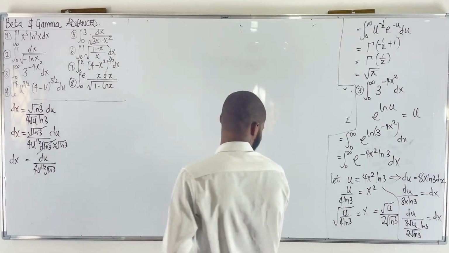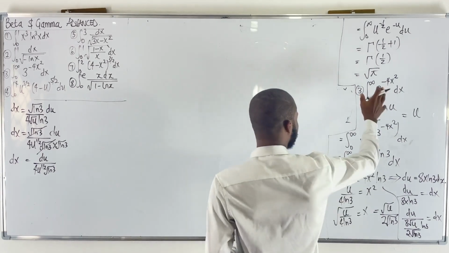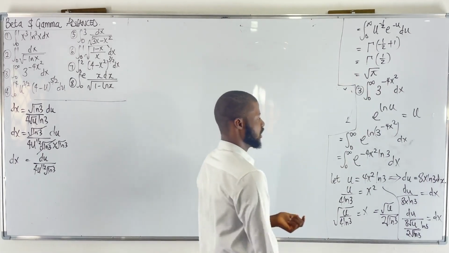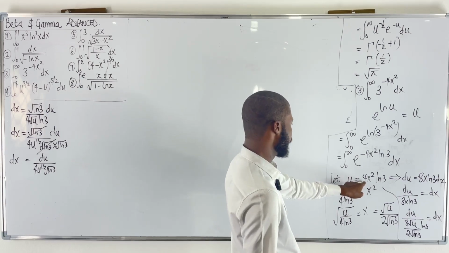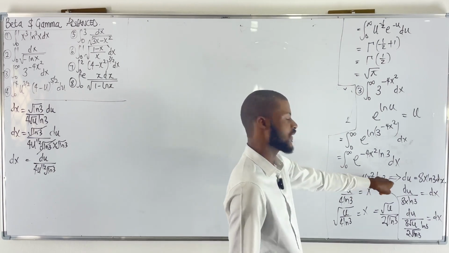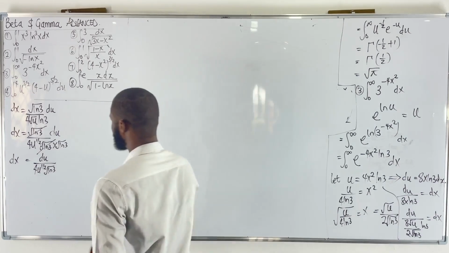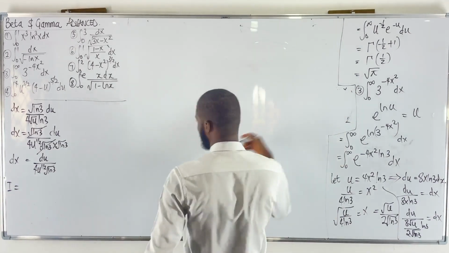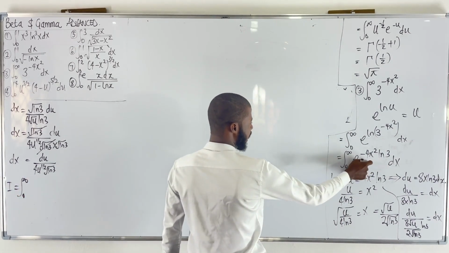Let's proceed. We can now put in everything here. Our limit will not change. I believe you know why. When you put your x as infinity here, every single thing here is still infinity. When you put in 0, everything is still 0. So nothing changes. So our integral is going to equal the integral from 0 to infinity, using this guy, remember?